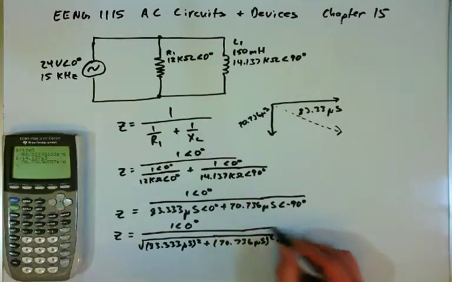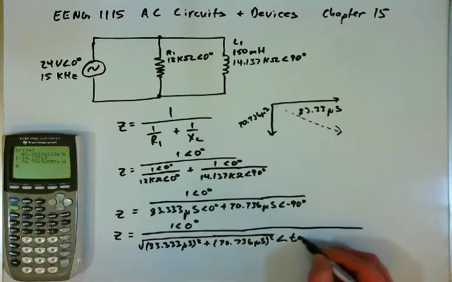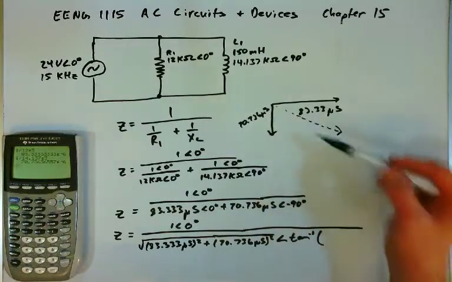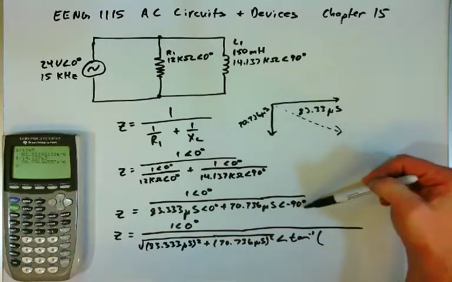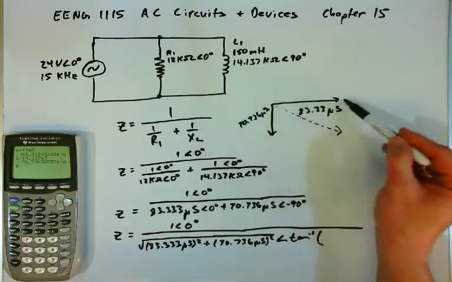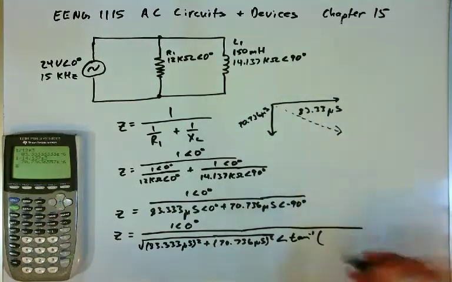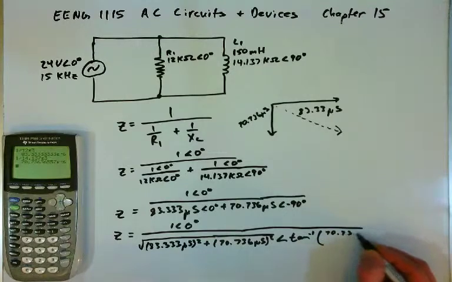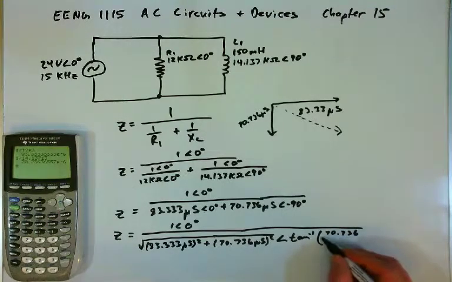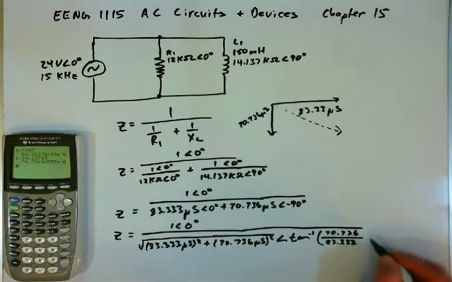And the angle will be the inverse tangent of always the y component divided by the x. And you can see from the graphical representation that the y component is the one that's at negative 90 degrees. The x component is the one that's at 0 degrees. And so we always want to make sure we take y over x, so 70.736, which is microsiemens, divided by 83.333. And the microsiemens will cancel here, so I'm not going to bother writing this.